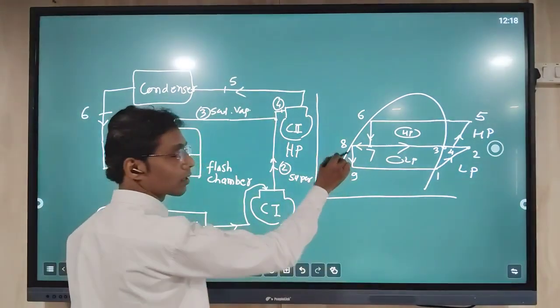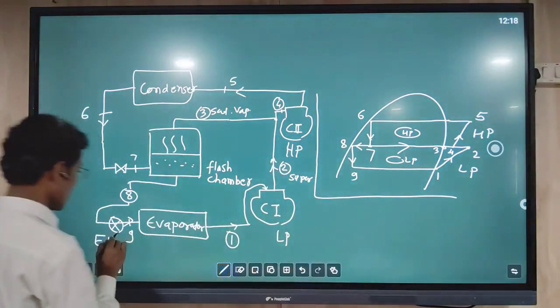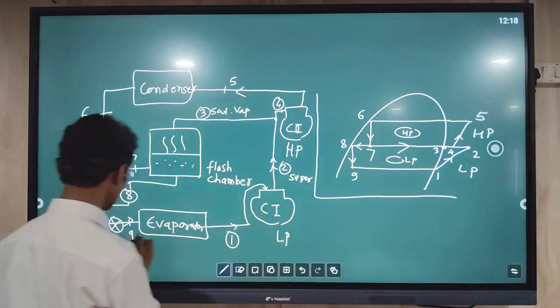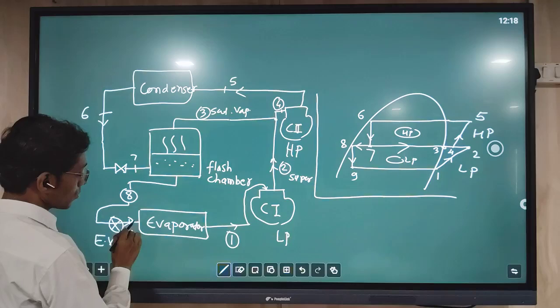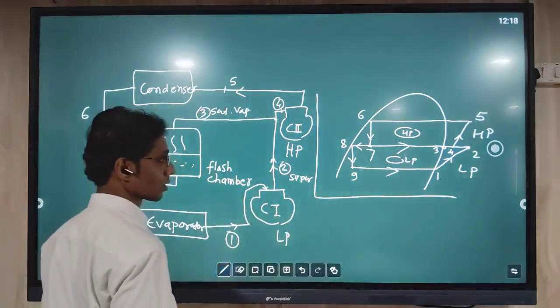That expansion valve does the process 8 to 9, and then from point 9 onward, the liquid goes to the evaporator. So here the evaporation process occurs.